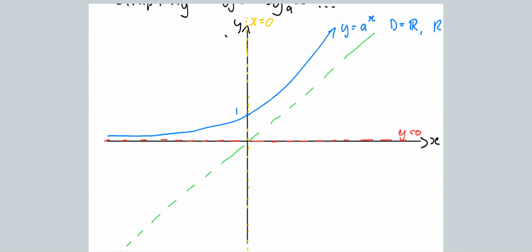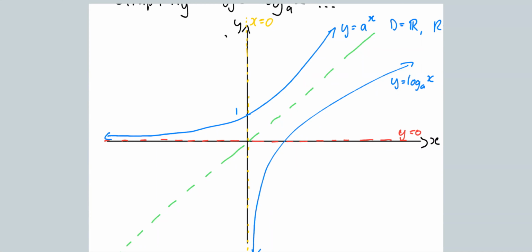Now you're going to find that I'm not the best drawer of graphs again, but we've got this thing going along here like so. I probably should have it a bit flatter than that, but that's basically what we've got here. So we've now got y equals log base a of x.